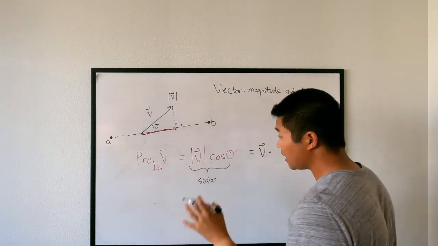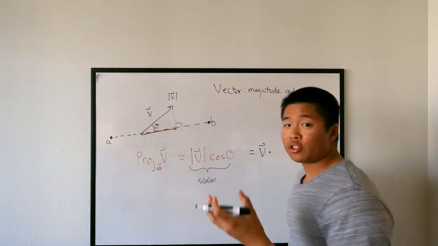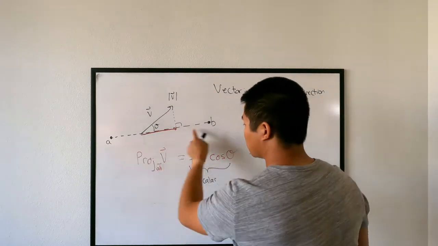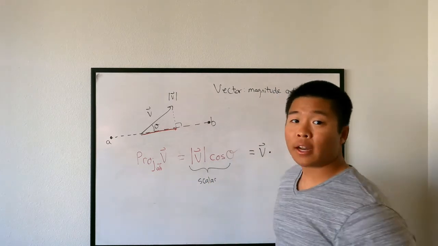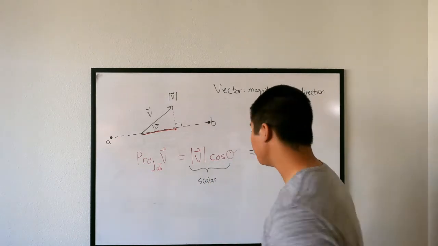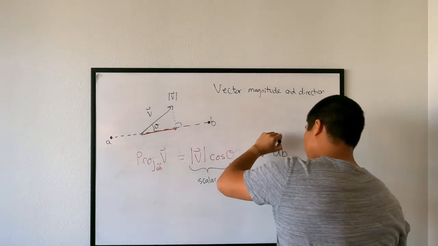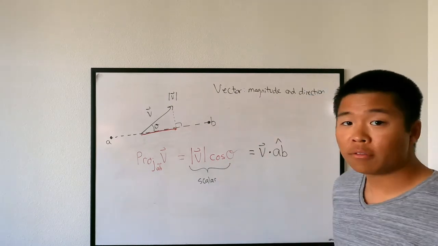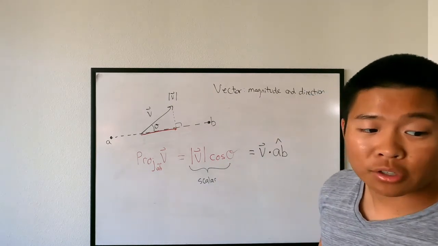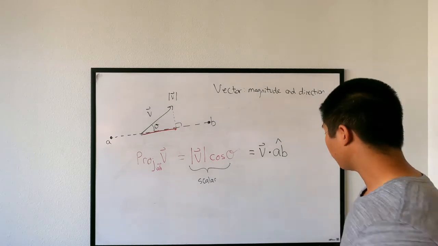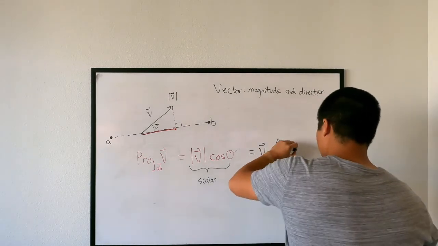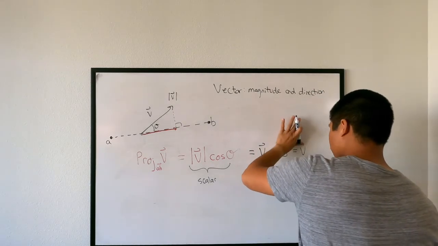And not just any vector of AB, because I don't actually care about how long this dotted line is. Can I say that I only care about the unit vector of AB, which has a magnitude of 1? Okay, so therefore I can also rewrite it as, oops.